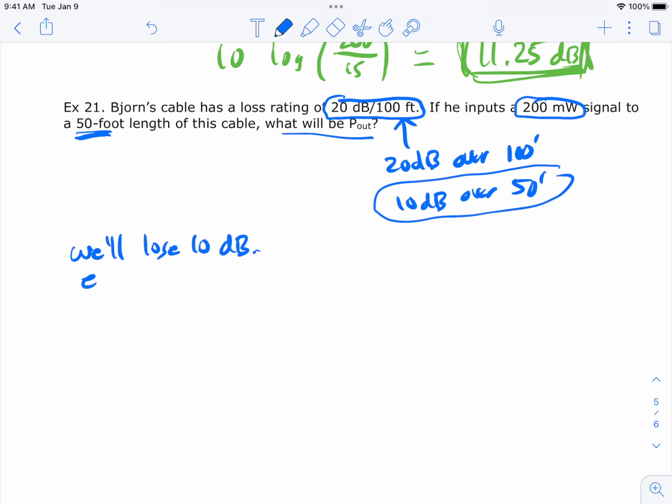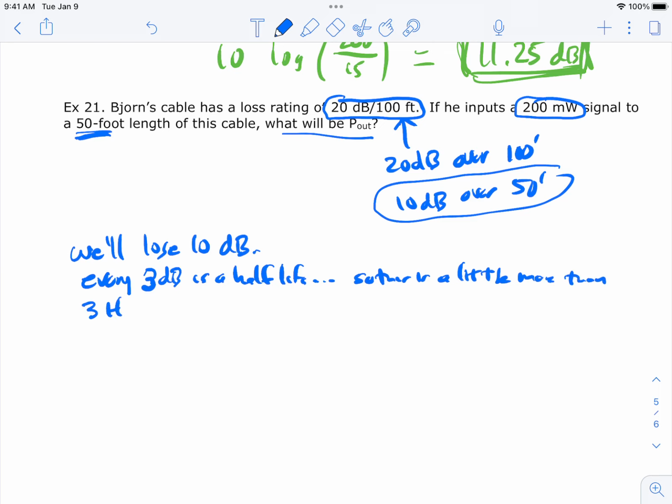Now every 3 decibels is a half-life. So this is a little more than 3 half-lives, right? 3, 6, 9. This is a little more than 3 half-lives.